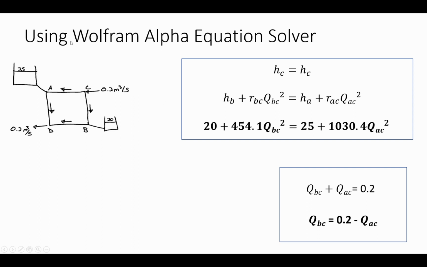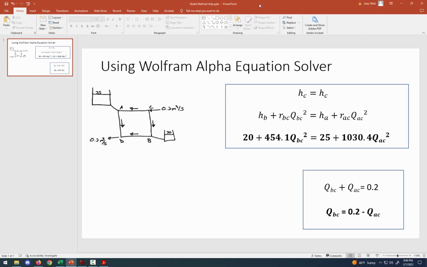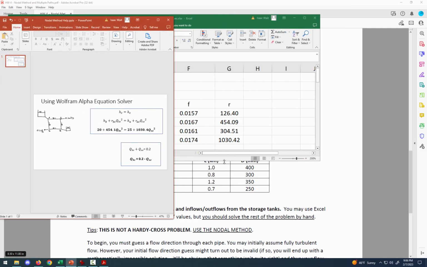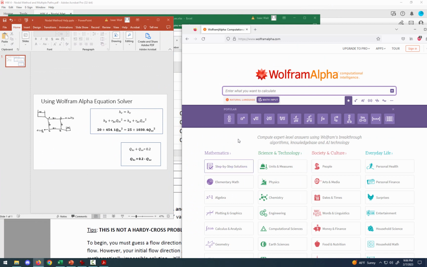Now keep in mind you can't use Wolfram Alpha on an exam, but you can certainly use it on a homework assignment. So let me show you what it looks like if you try to solve that equation on Wolfram Alpha.